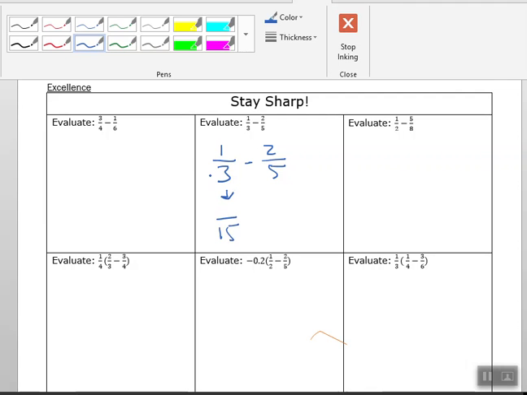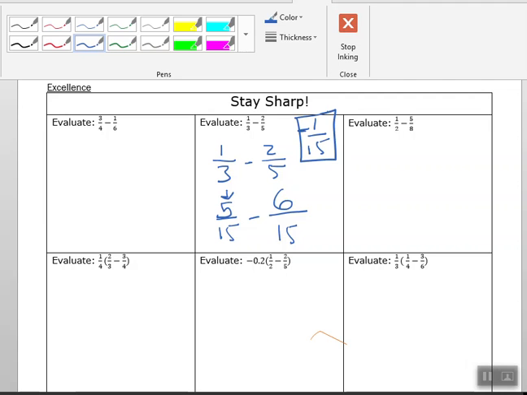Since I multiplied 3 by 5 to get the 15, I'm going to multiply 1 by 5, and it'll be 5 over 15 minus, and then here I have 5 times 3 to get me 15, so 2 times 3 will be 6. So I have 5 over 15 minus 6 over 15, which is going to leave me with negative 1 over 15.